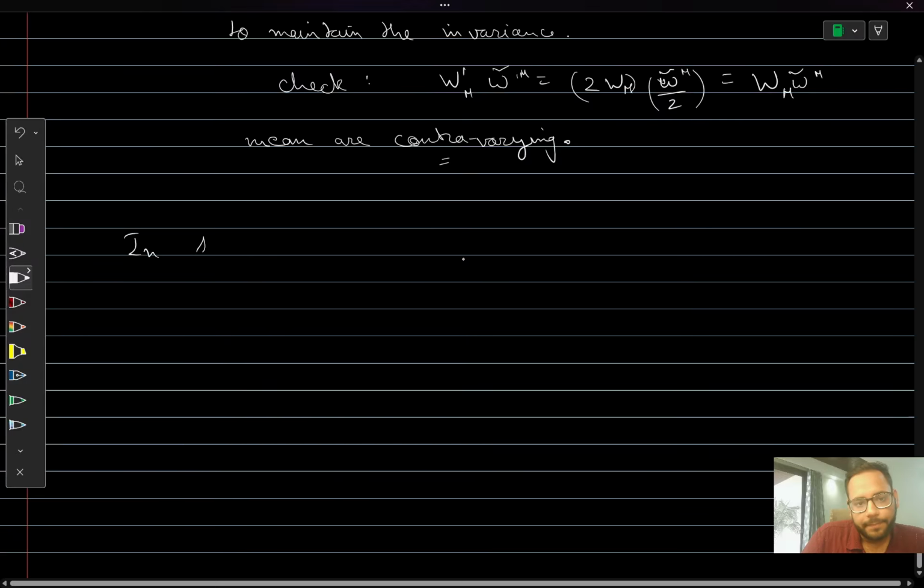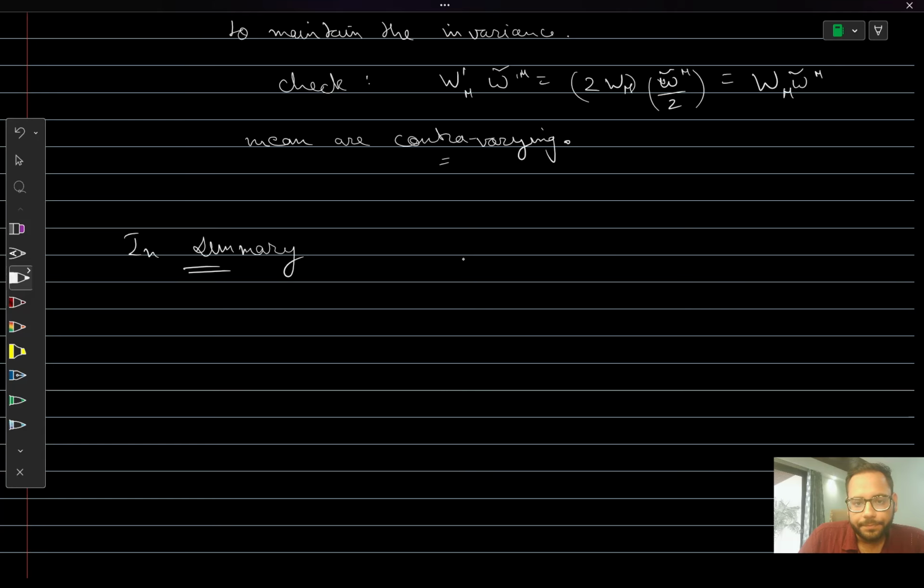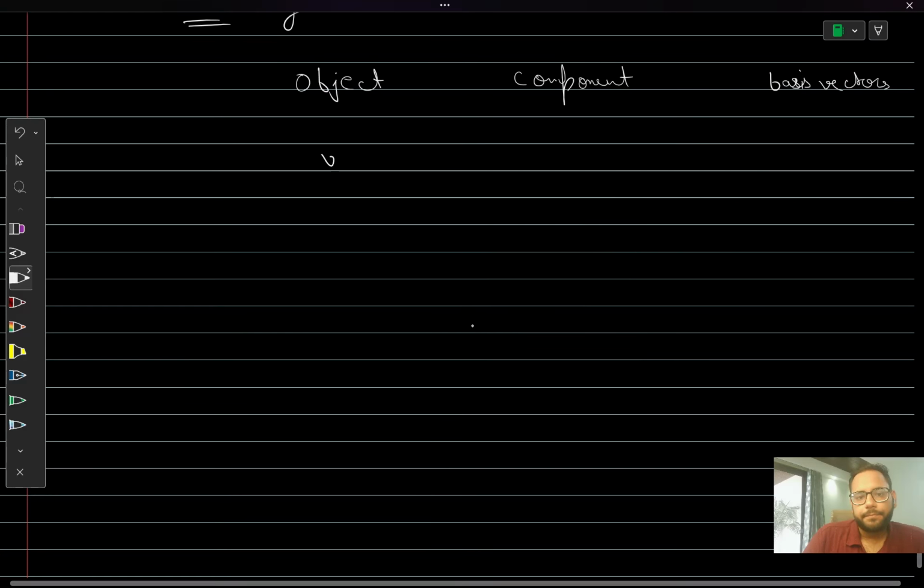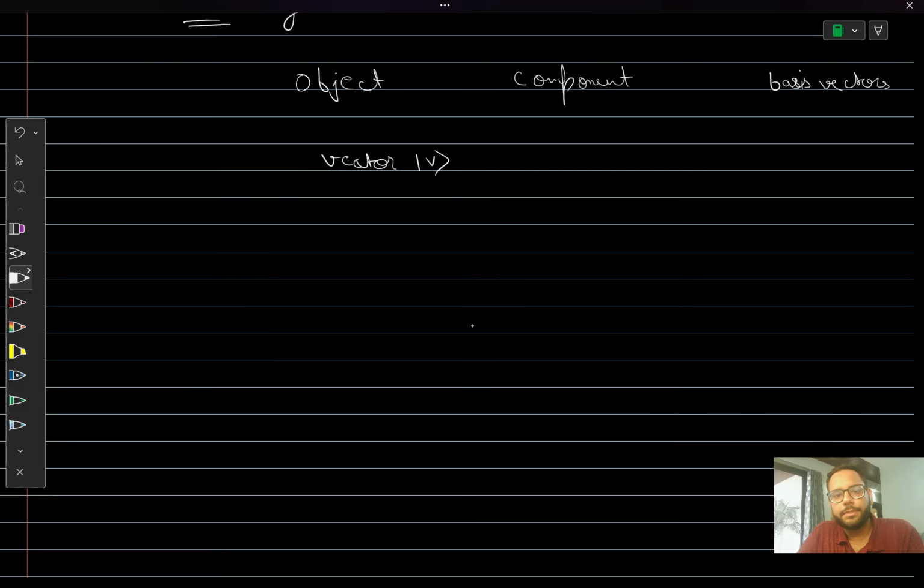So in summary, if I have a vector, suppose the object, the component, and here is the basis vectors, and the object is suppose a vector v, its component is v, and its basis vector is this. And we have a dual vector.